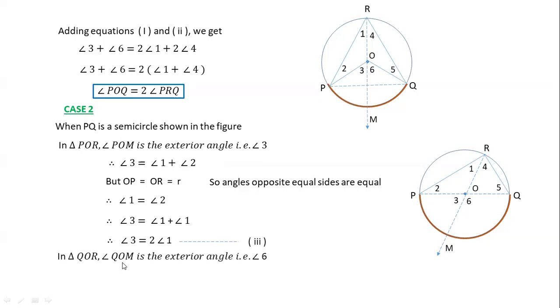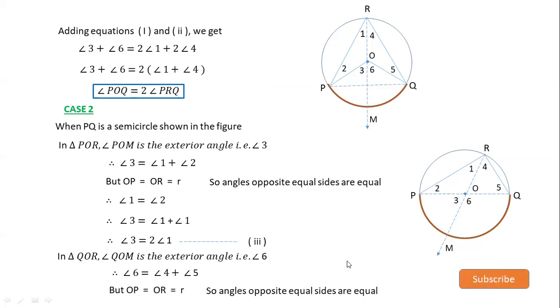Now further. In triangle QOR, now we are taking QOR. In this side triangle, angle 6 is the exterior angle. When you say 6 is the exterior angle, that means the exterior angle is equal to 4 plus 5. But OQ and OR both are equal to the radius. So angles opposite equal sides must be equal.